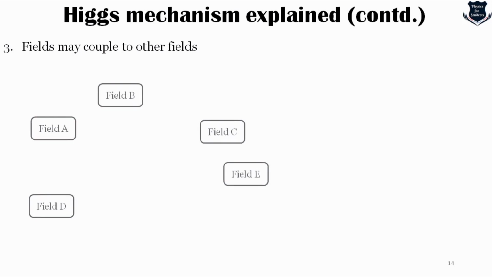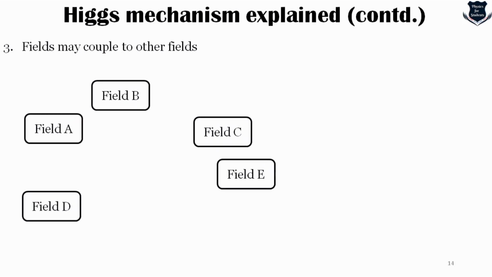Now, here I would like to show you a small animation. Say consider A, B, C, D, E to be fields. Remember that we will soon explain, after a process which is called spontaneous symmetry breaking, the Higgs field is separated into two parts.